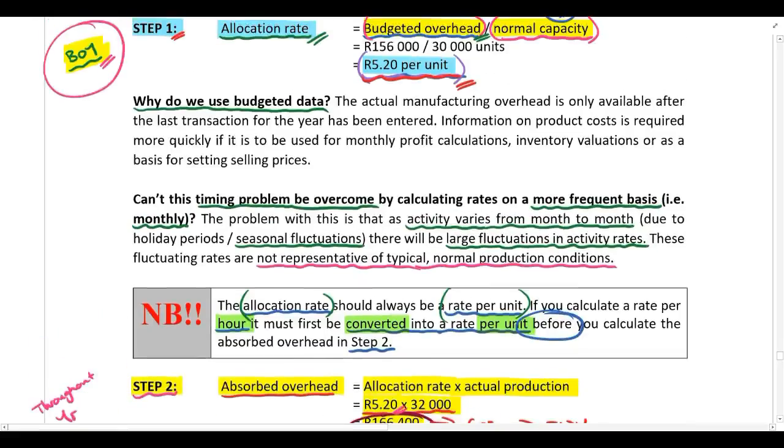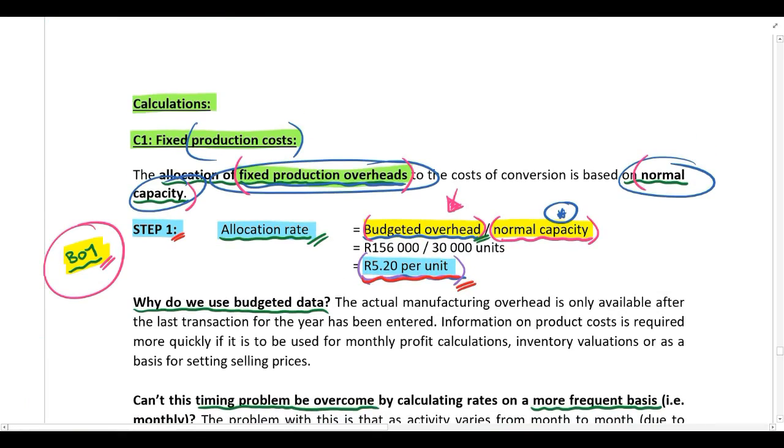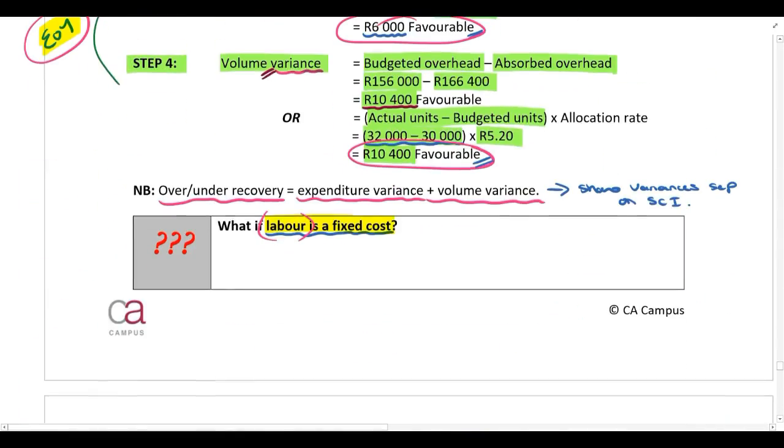So please understand, you are not performing this calculation like this because it is an overhead. You are performing this calculation like this because it is a fixed cost. And you should perform this calculation for all of your fixed costs that are manufacturing in nature. So if labor is also a fixed cost, you should perform the calculations above.